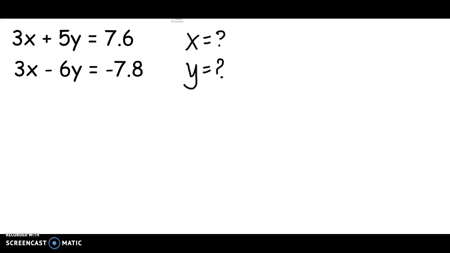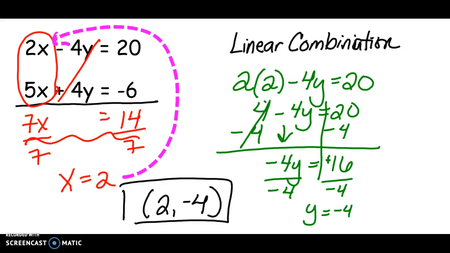So now I'm going to have to force it to work. And this is where elimination becomes just a little bit, not confusing, but takes a little bit more thought. So I look at my coefficients. I have positive 3 and positive 3, and positive 5 and negative 6. Now, if you remember back to the first problem, we had negative 4 and positive 4.